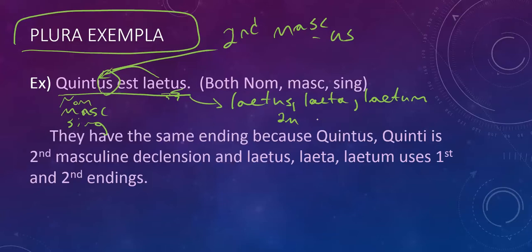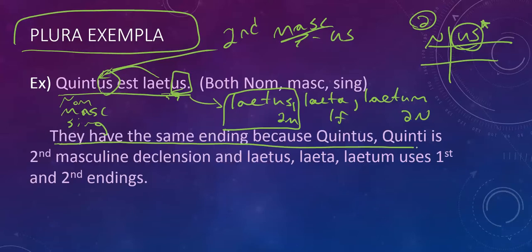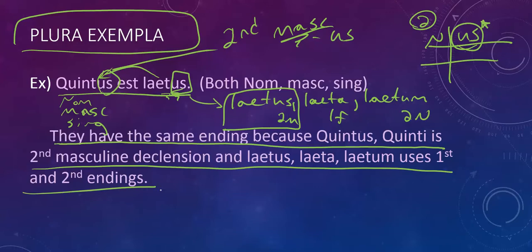So it can use second masculine, first feminine, or second neuter. Since Quintus is masculine, it's going to use this chart. Since Quintus is nominative, it wants the nominative ending in that chart. The nominative ending in that chart is a US. So, lightus. So, the noun and the adjective have the same ending because they're able to use the same declension.